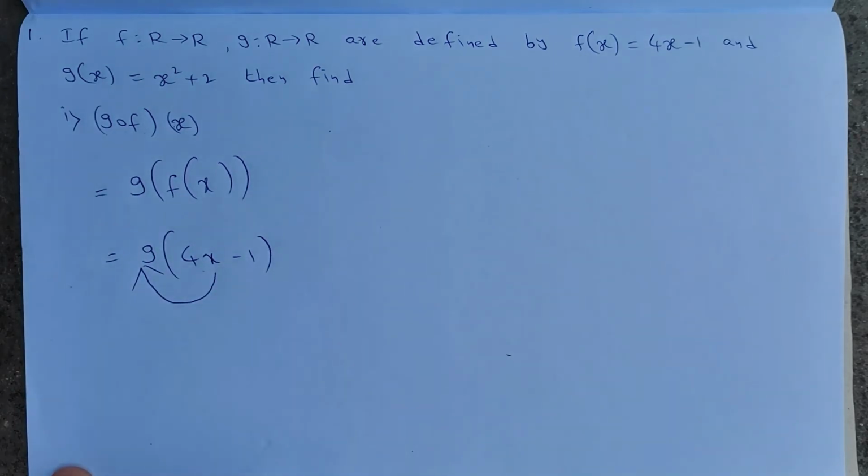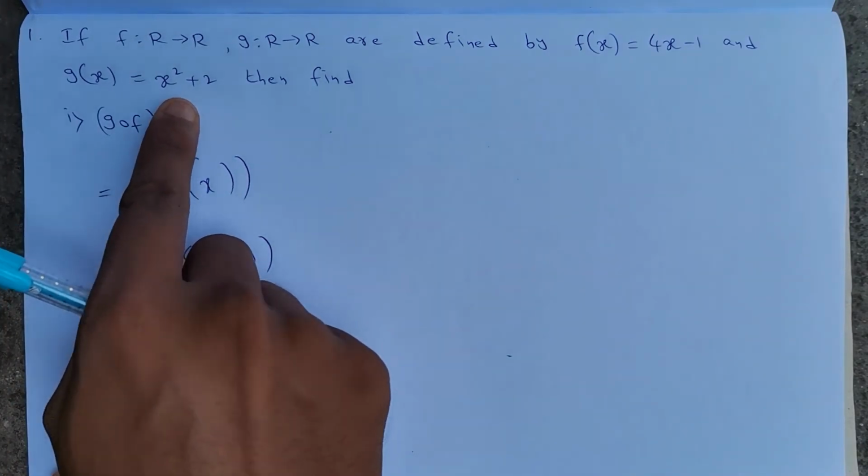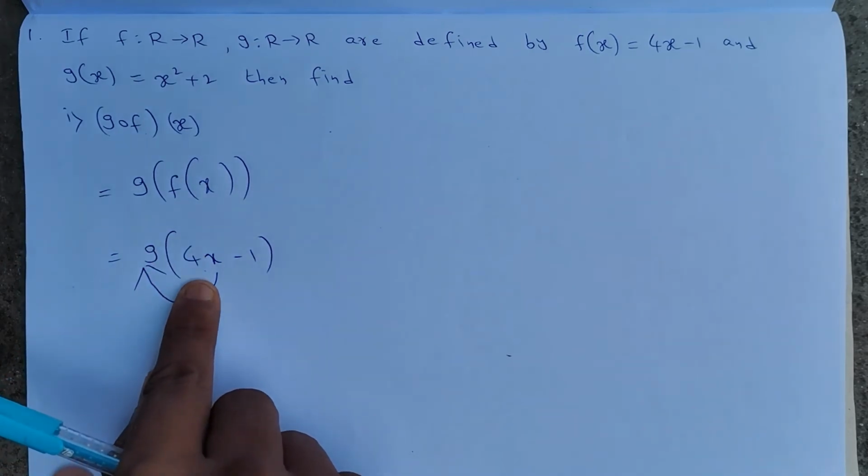We need to substitute this 4x - 1 value in g(x), which is x² + 2. So in the place of x we need to substitute 4x - 1.